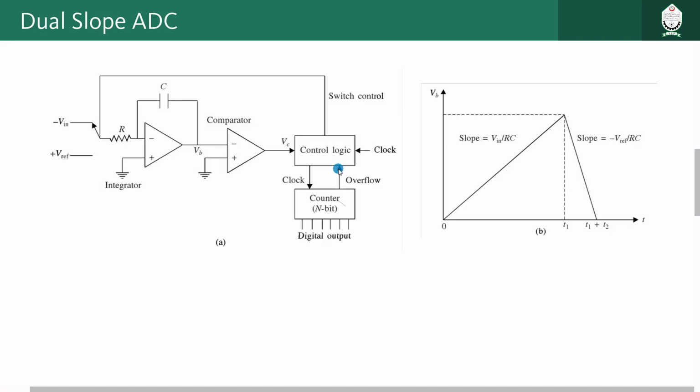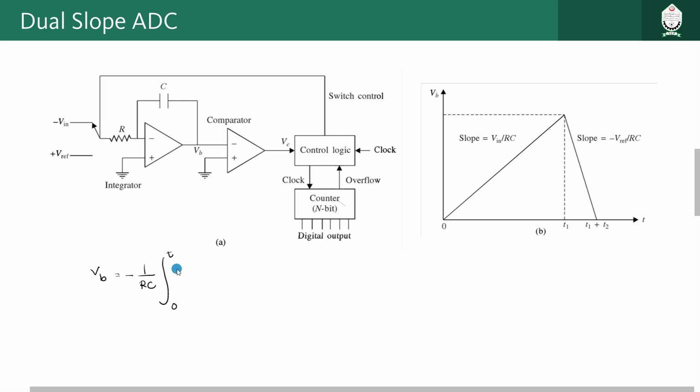So let us start. If you remember from your previous example, we can have an equation like that. VB, because this is the output of this ramp generator, should be equal to minus 1 divided by RC, integral from 0 to T, of whatever signal we have provided.